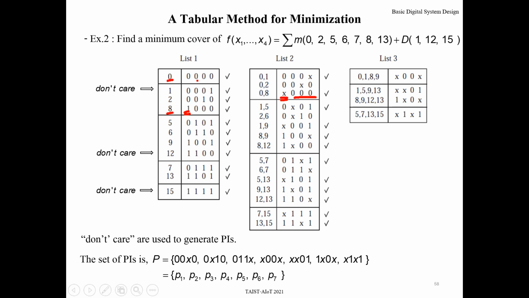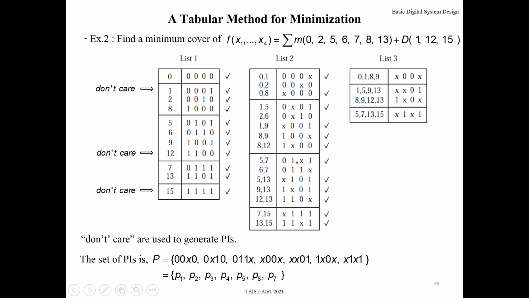Another value is 0, 0, the same part. After that, you compare elements in this group and this group. 1 and 5 differ by one bit here, so you can write x here, and so on.